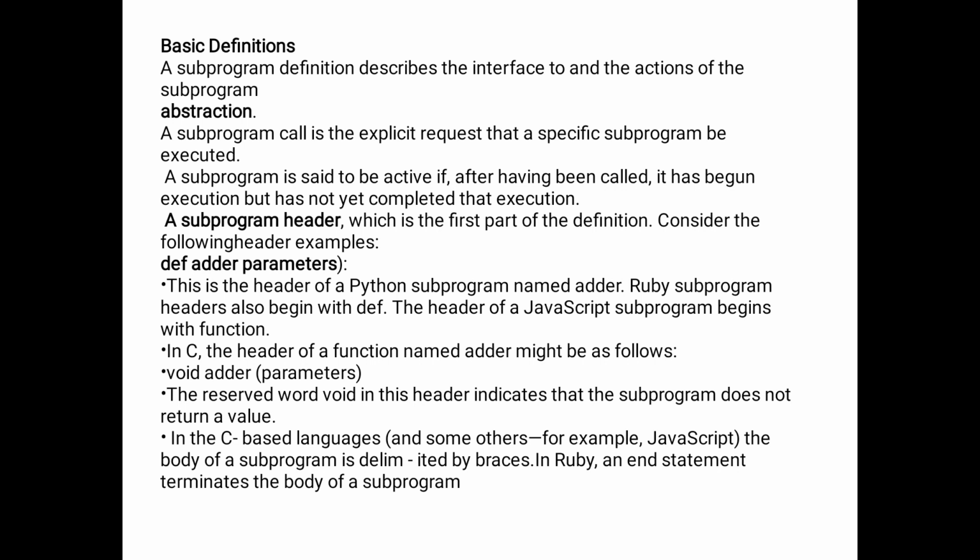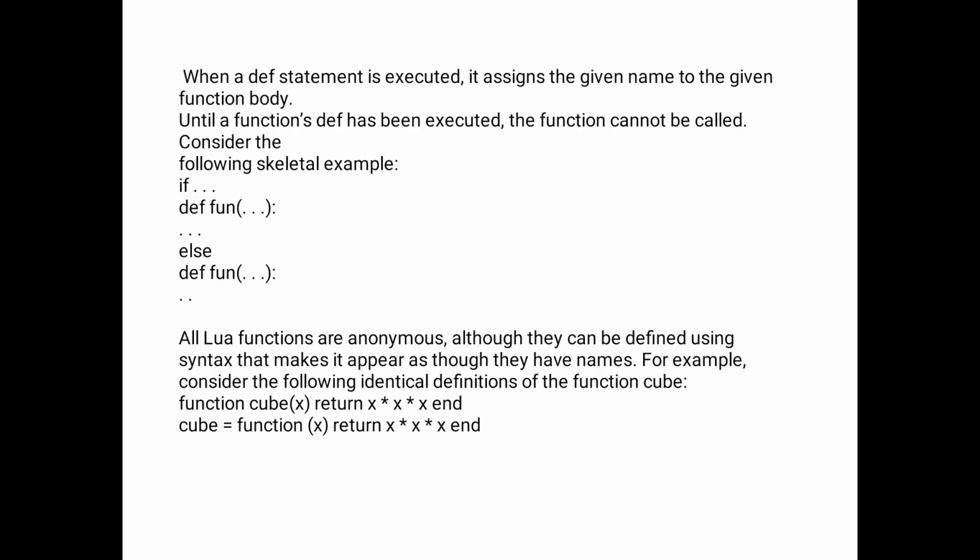In Ruby, an end statement terminates the body of a subprogram. When a def statement is executed, it assigns the given name to the given function body. Until the function's def has been executed, the function cannot be called.